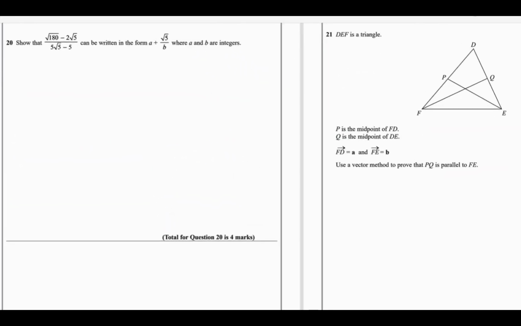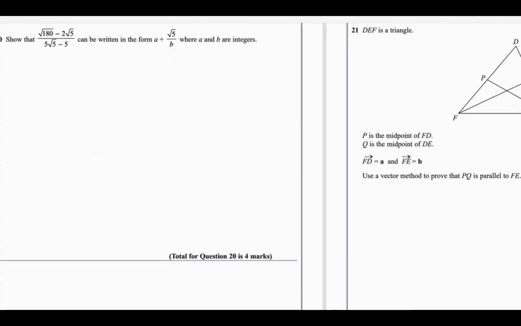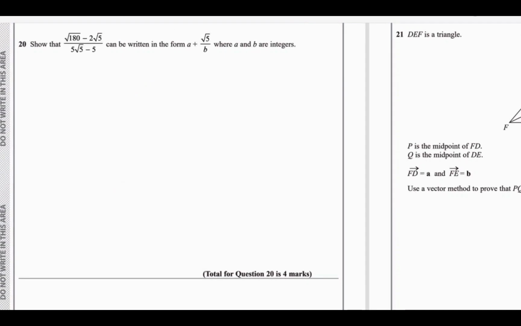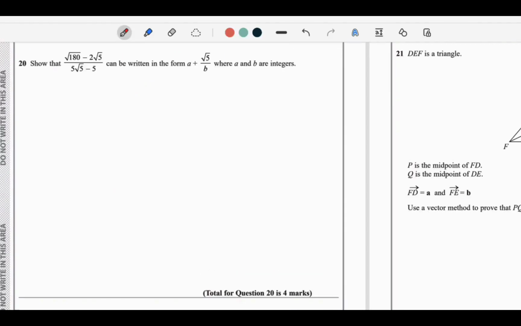Show that square root of 180 can be written in the form of this. Okay, so here we have surds. We're going to have to be rationalizing the denominator as much as possible, and we have to be careful as much as possible as well.